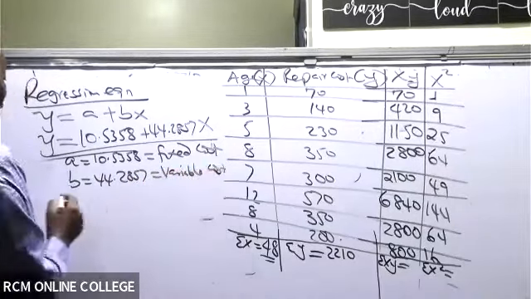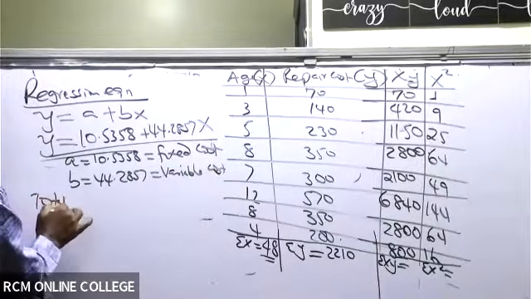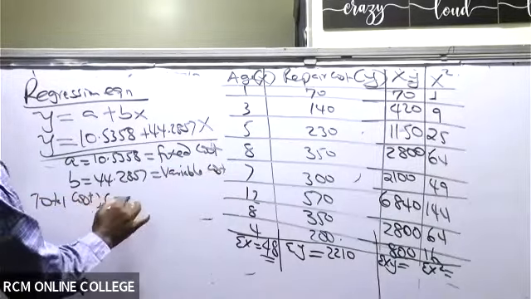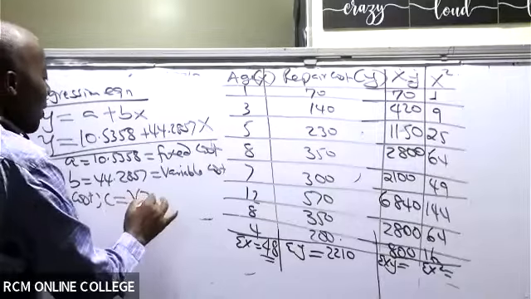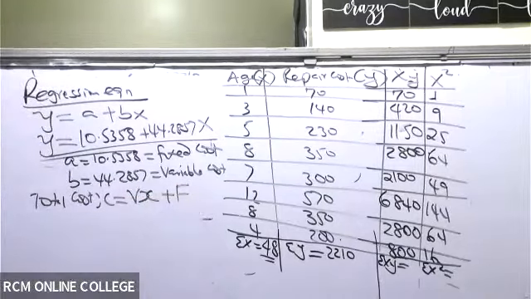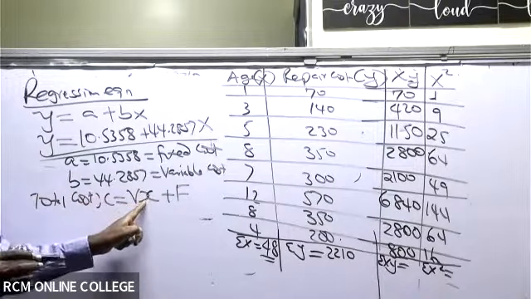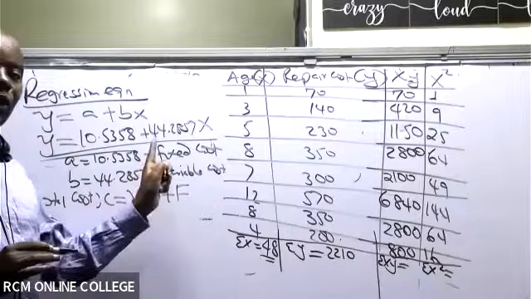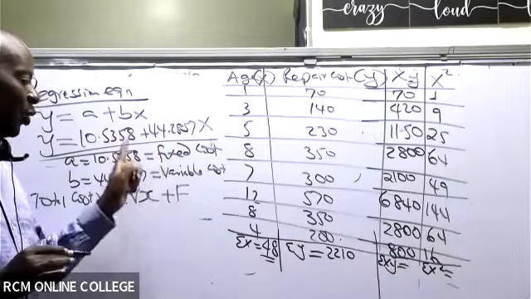Ladies and gentlemen, remember generally our total cost C equals Vx plus F. The one that has got X here is what varies, so this is the variable cost.